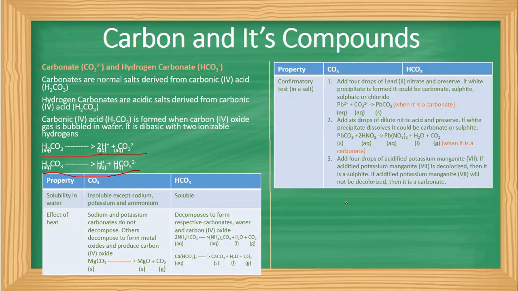Then after that, you add 6 drops of dilute nitric acid and observe. If the white precipitate dissolves, then it could be either a carbonate or a sulfite.